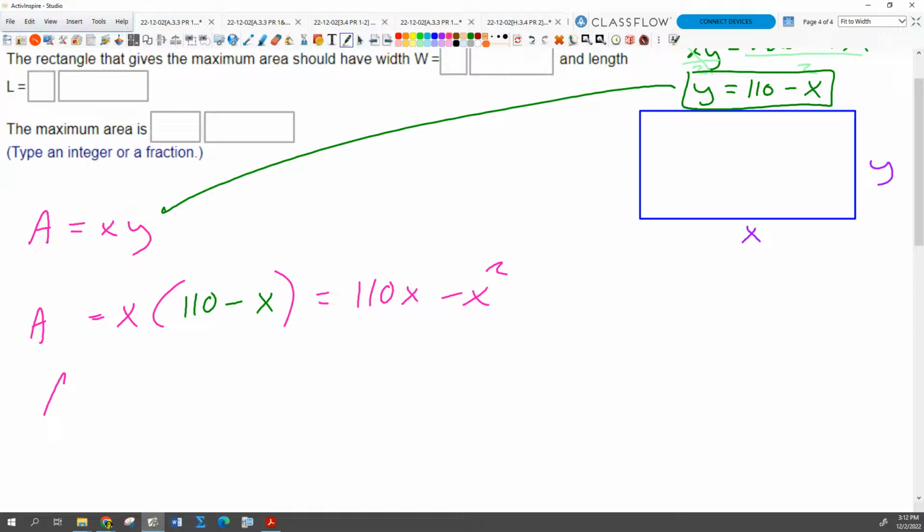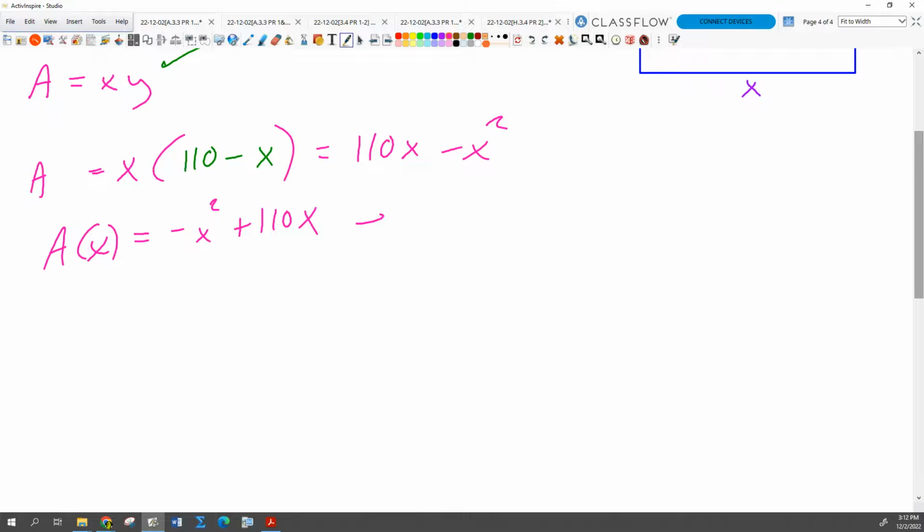Let's write that as A of x. Let's write it in standard form, so I'm putting the x squared term first. Okay, that's just a quadratic function in standard form, agreed? Okay, so what's the value of h?